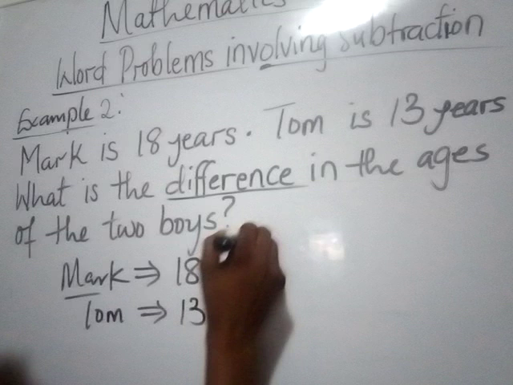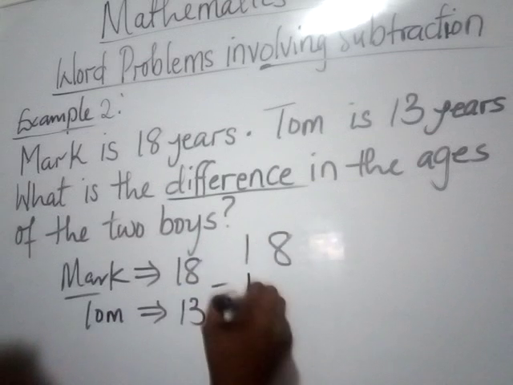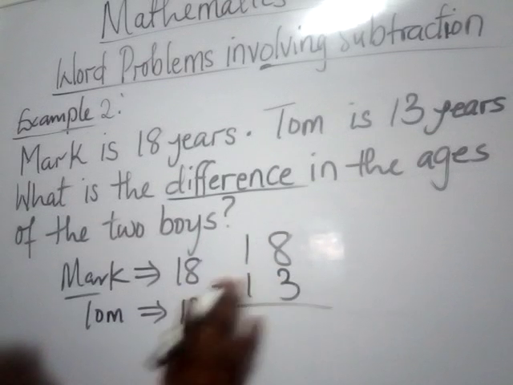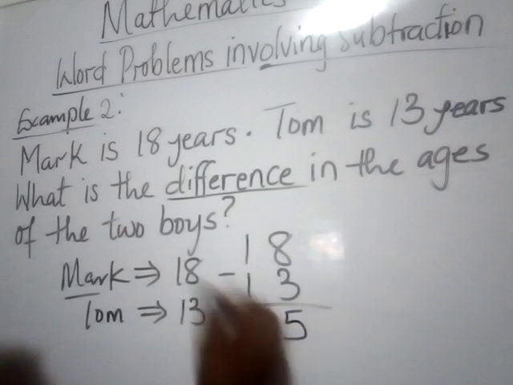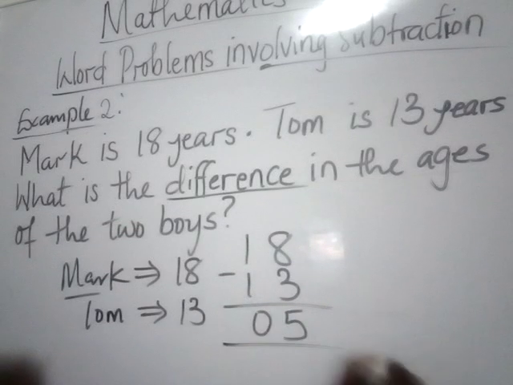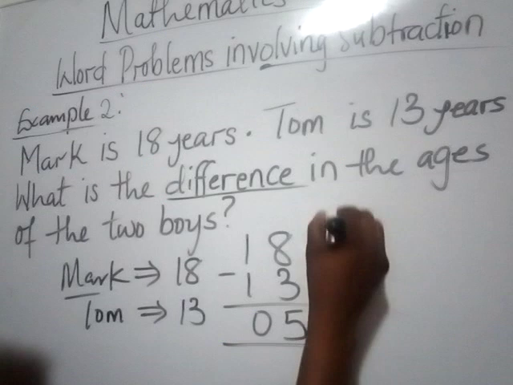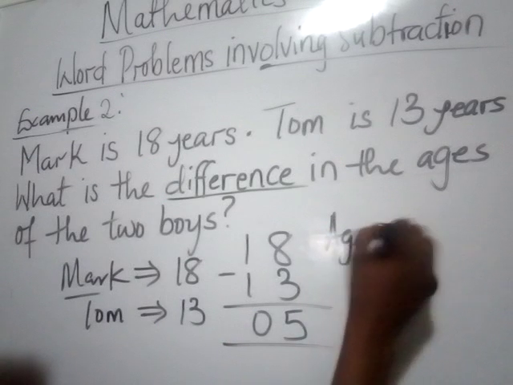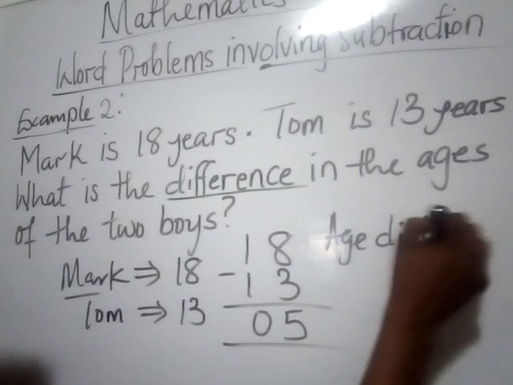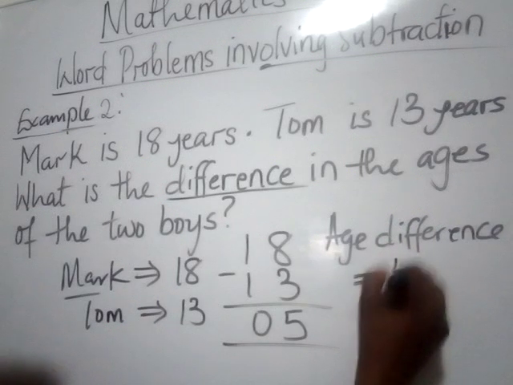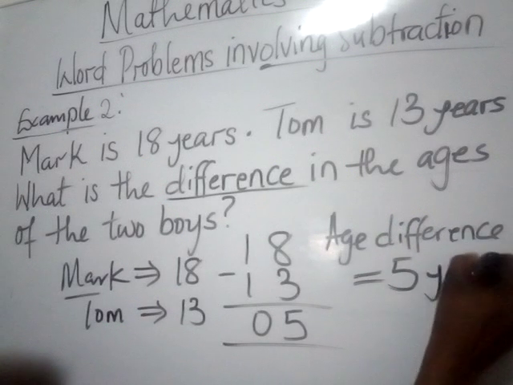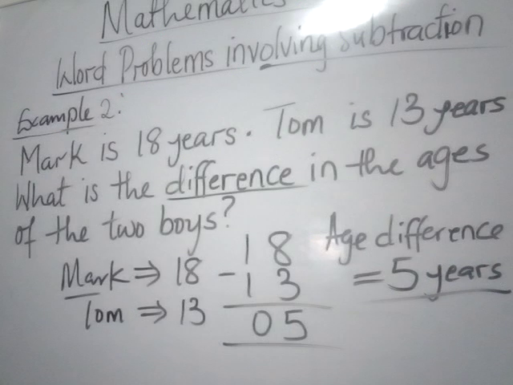So what do we do? 18 minus 13, right? So 8 take away 3, you have 5, and 1 minus 1 is 0. So the age difference is equal to 5 years. Okay? So the age difference is 5.